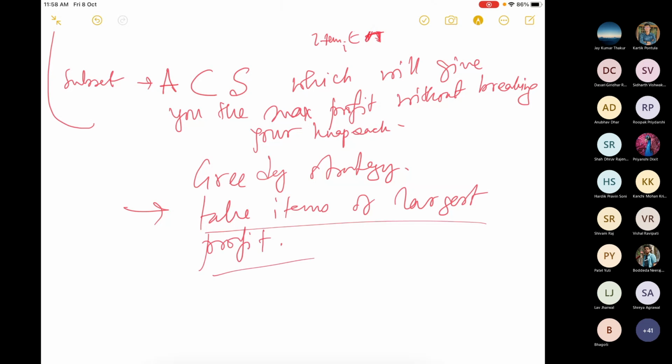This could be one greedy strategy. And then choose the next ones in the non-increasing order. What is the caveat?